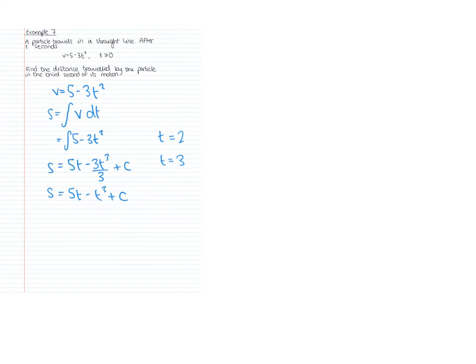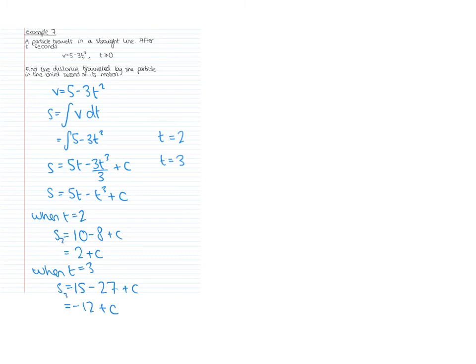So effectively we just want to say, well, when t is 2, s is 10 minus 8 plus c, so s is 2 plus some constant, and when t is 3, s is 15 minus 27 plus c, so minus 12 plus c.